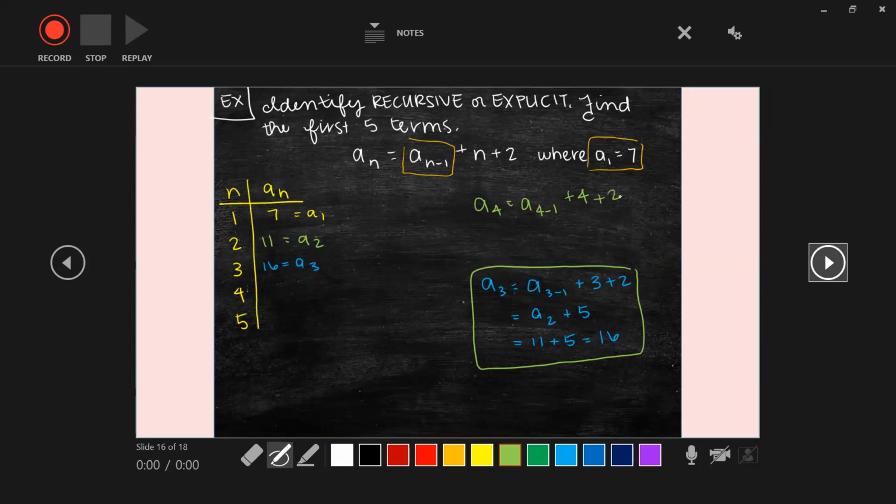Ta-da! Very good. So what am I going to put in the second line, Emma? Very good. What did we find a sub 3 to be? So we have 16 plus 6. So what is my a sub 4?